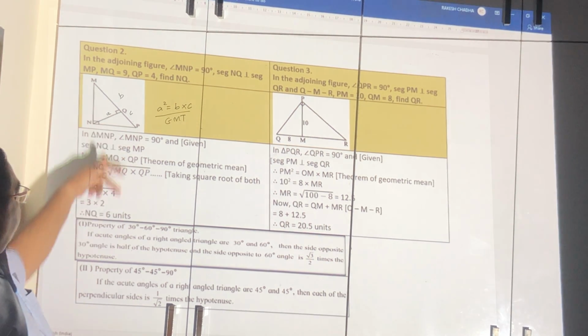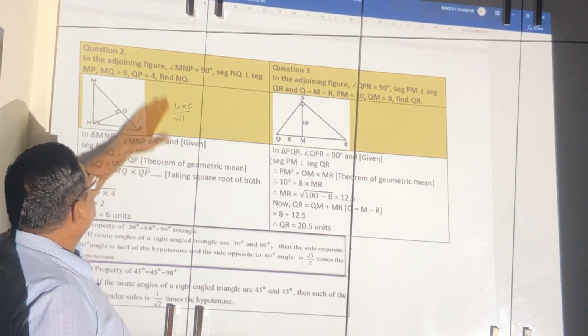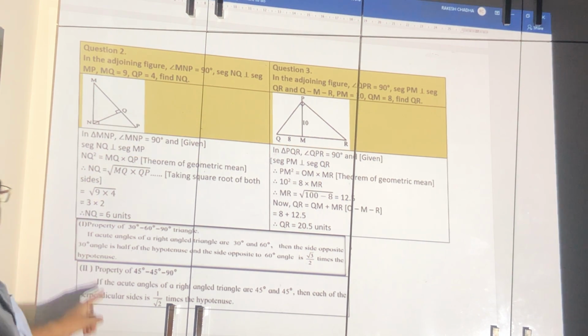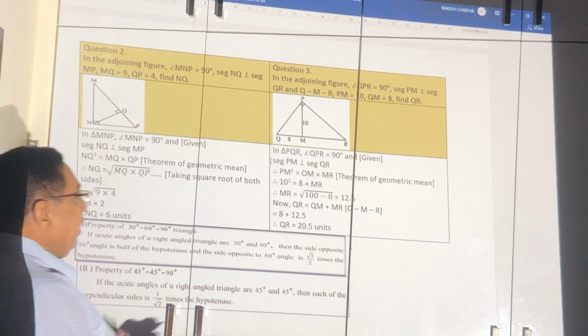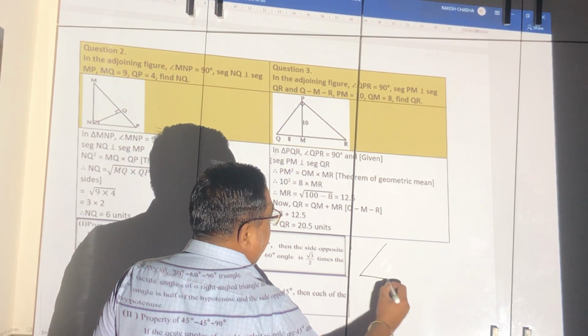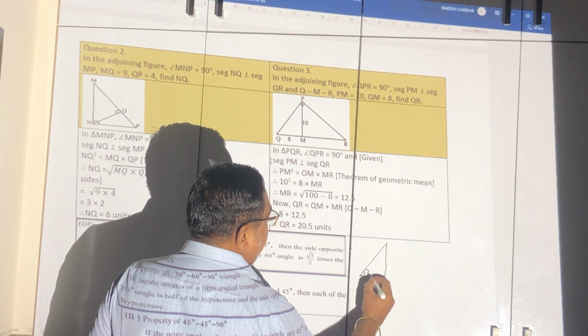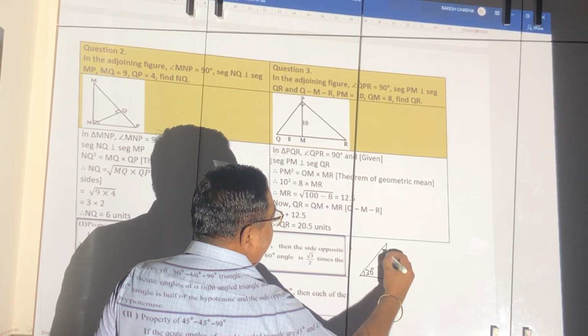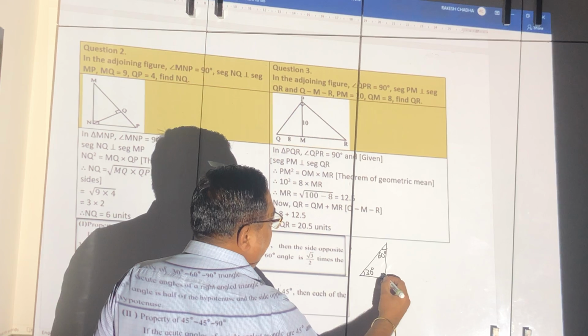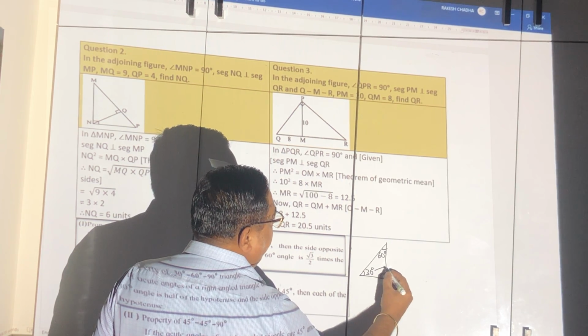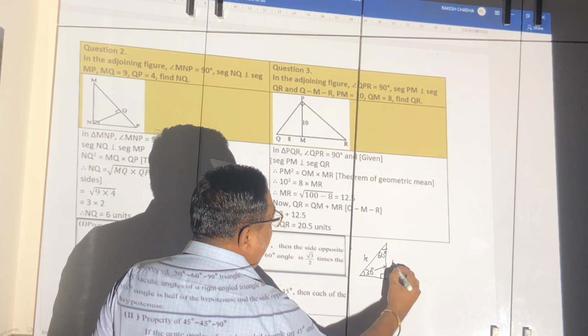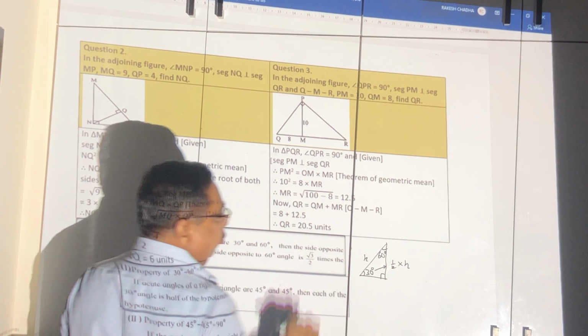Two things which I want to point out more to you. The 30, 60, 90 theorem we have already studied in trigonometry earlier. So if I have a triangle with 30 degrees, 60 degrees and 90 degrees, the side opposite to 30 is half of hypotenuse.